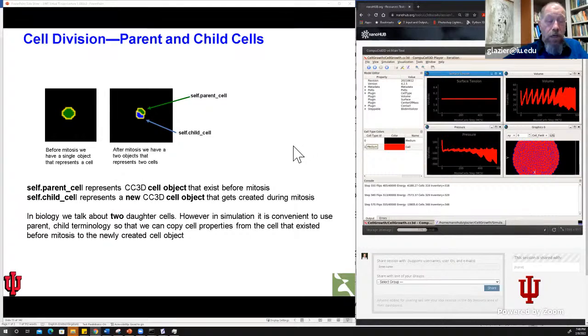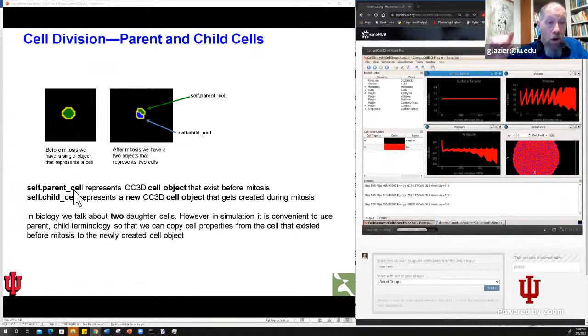If you want to operate, there's a reasonable question, which is which cell is the parent cell and which cell is the daughter cell or the child cell? Computationally, one of the cells will have the ID number of the parent, and so its identity didn't change. And there will be a new cell created with a new ID number, which is the daughter.